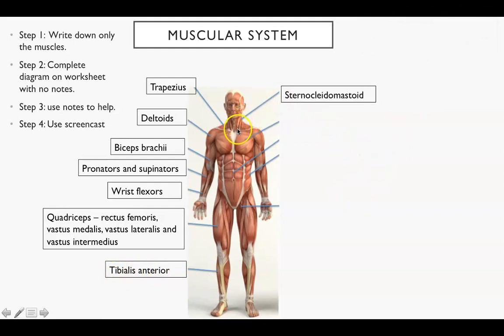This muscle here, hopefully my cursor's on it correctly, is sternocleidomastoid. Now, it is a long word, and you might think it's quite complicated, but it actually makes sense. It attaches here. If this muscle was taken off this skeleton right now, here there's a bone called your sternum. Let's go back, sorry. Called your sternum.